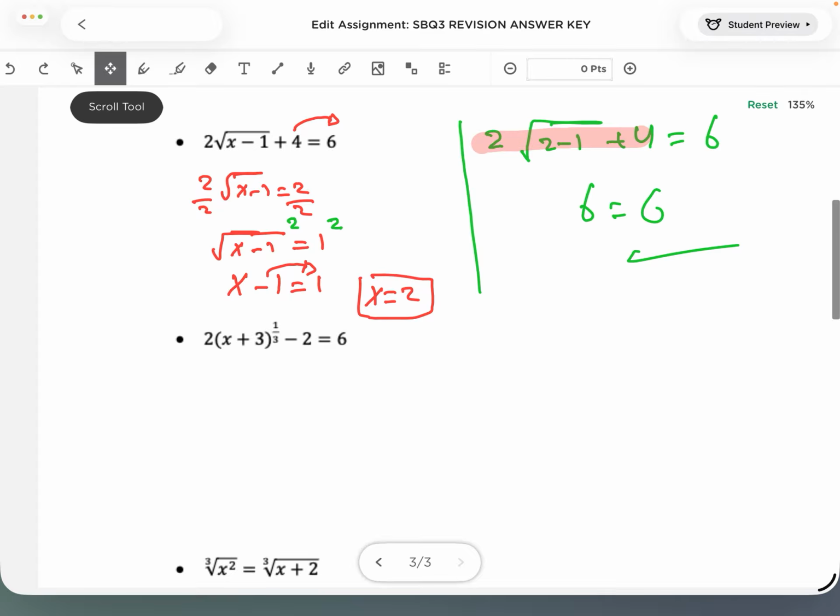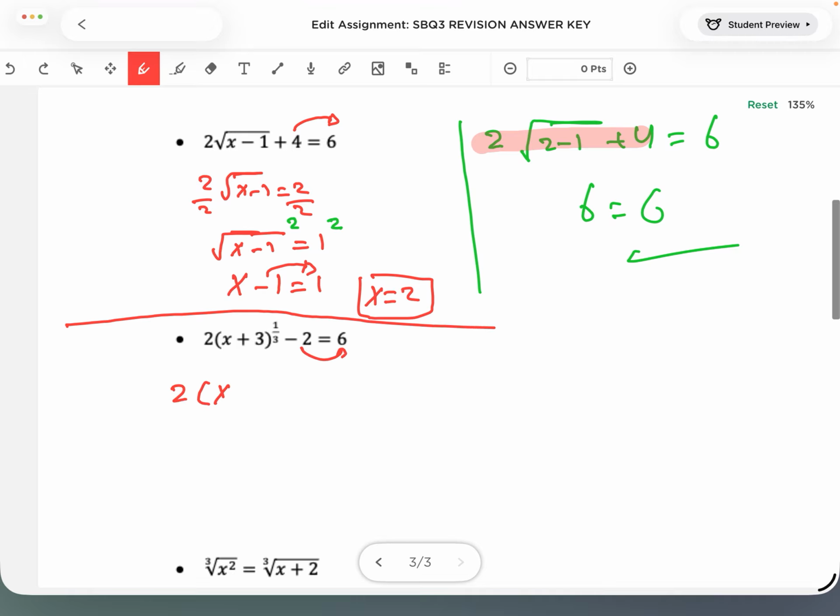Same story. Square root or 1 over, it means I'm talking about the same thing. I will move 2 to the other side. So 2 times x, a second.